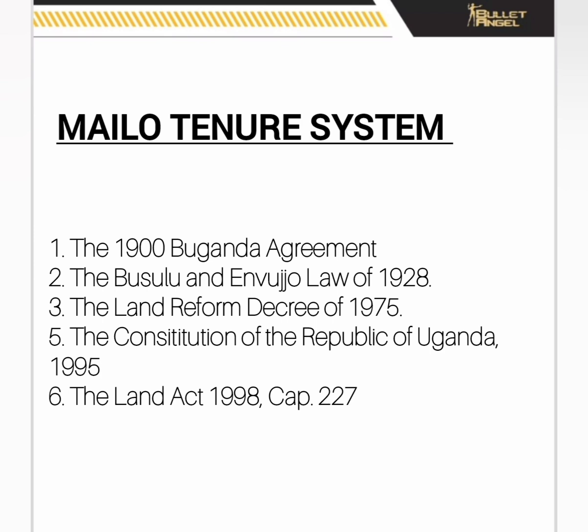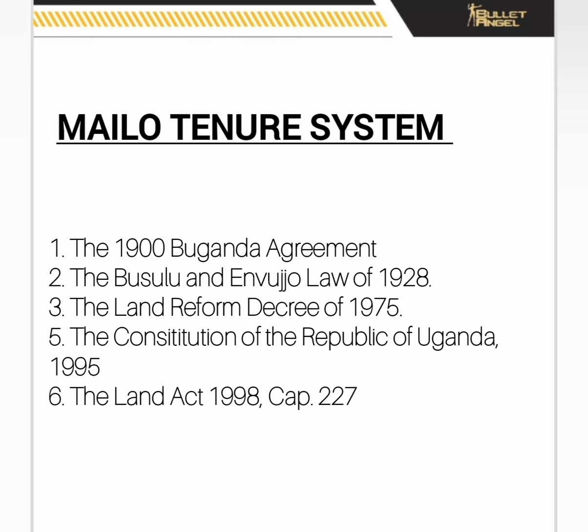The Kibanja holder would not be evicted save for a few circumstances, one of them being non-attendance to your land for a period of 6 months and above, or where that land was needed for public purposes. And lastly, the Kibanja holder had a right to sell, pledge, or even mortgage their land at will, provided they introduced the new tenant to the landlord. Anyways, so that was the 1928 Busulu and Envujo law.